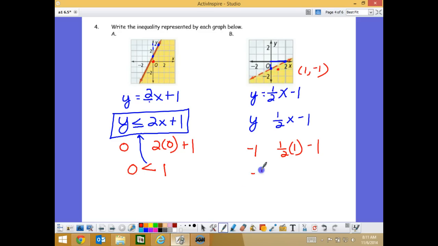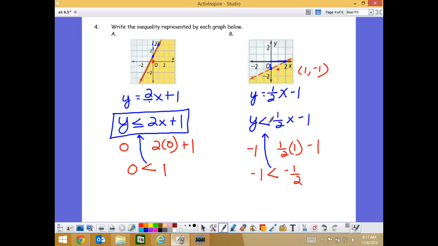So we have -1/2 times -1, which is 1/2, minus 1 is -1/2. And then we determine how does -1 compare to -1/2? Well, -1 is less than -1/2, so that is the inequality symbol that goes in there.